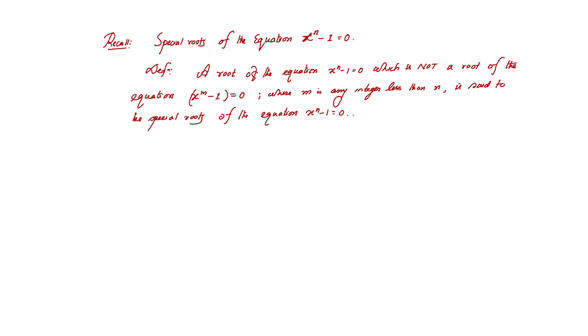So I'll give you one example. As for example, I'm writing here the equation of the form x to the power n minus 1 equals 0, and we'll find out the special roots.